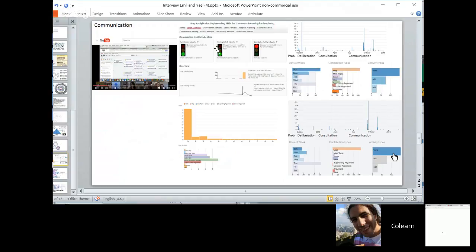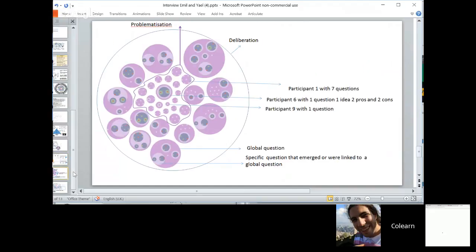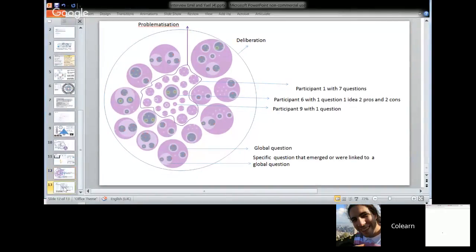And here we have this big important map, where the community brought more questions based on your questions, and then we can see how those questions generated ideas, pros and cons, and also specific information like URLs, more reports. So the people are bringing more information about this initial step.